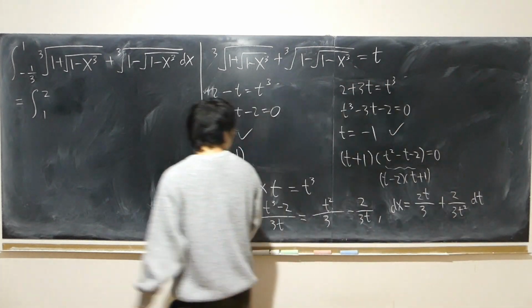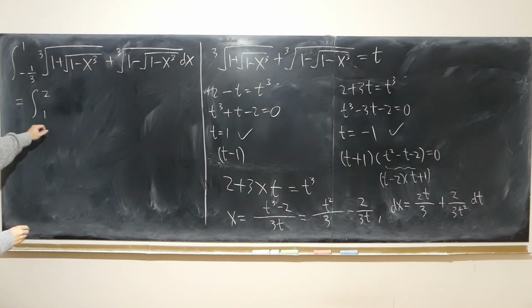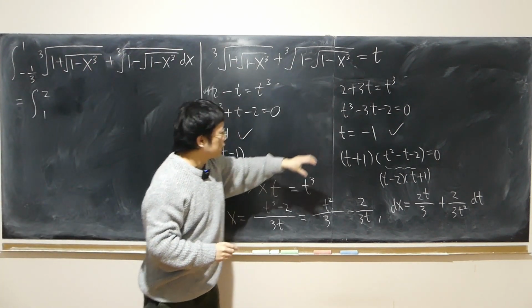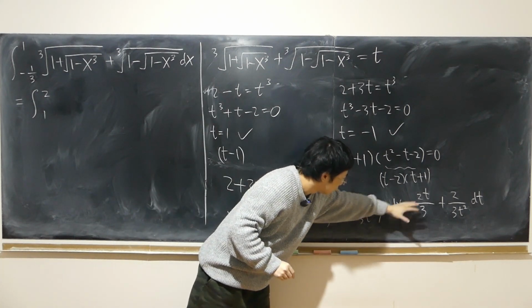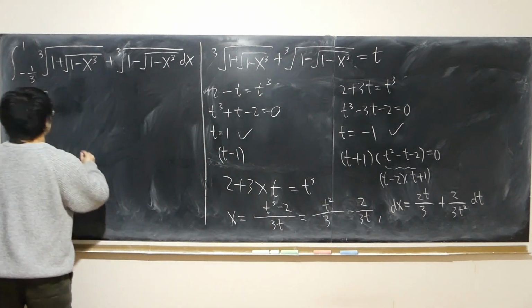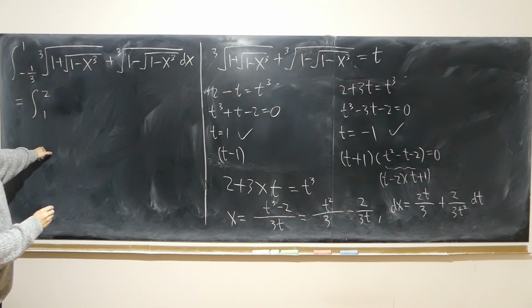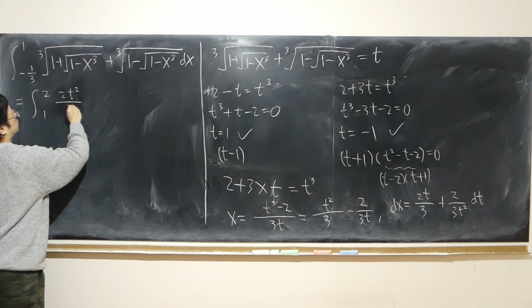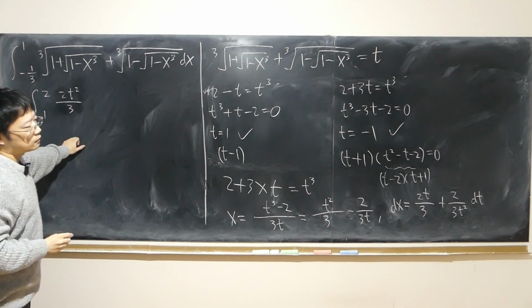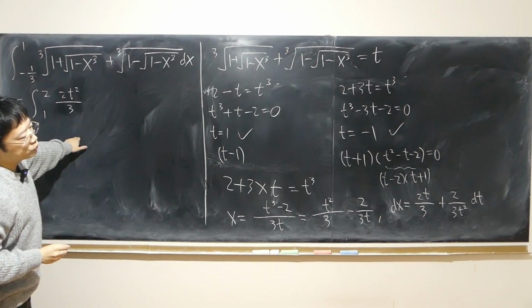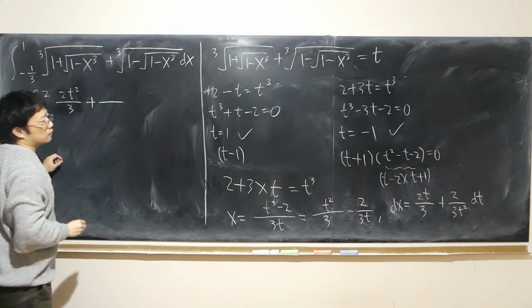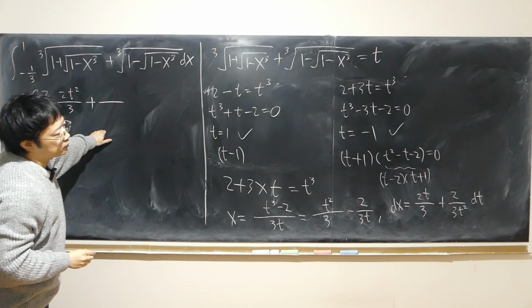So okay, now we've turned this into t. We've turned dx into, so all we have to do is t multiplied by dx. So 2t squared over 3. T multiplied by that one. So 2t over 3t squared.